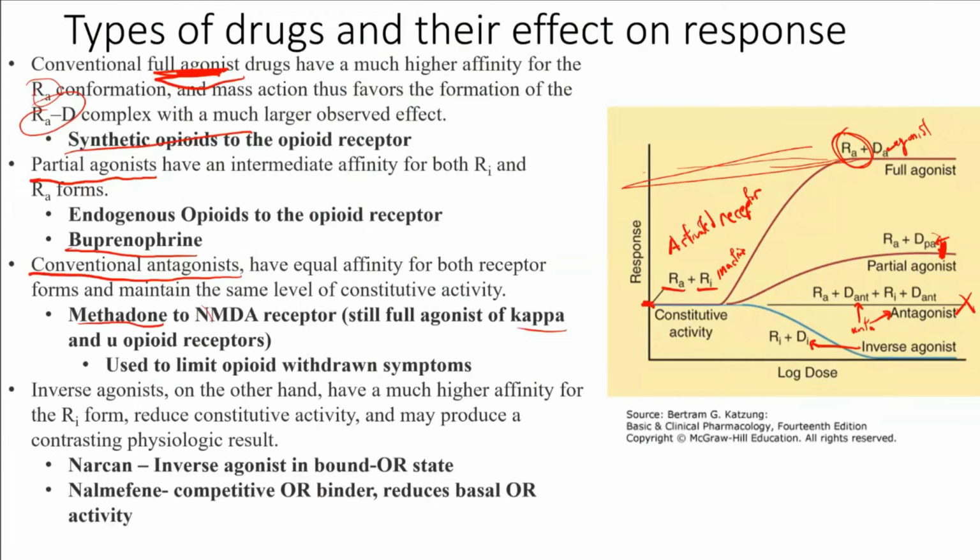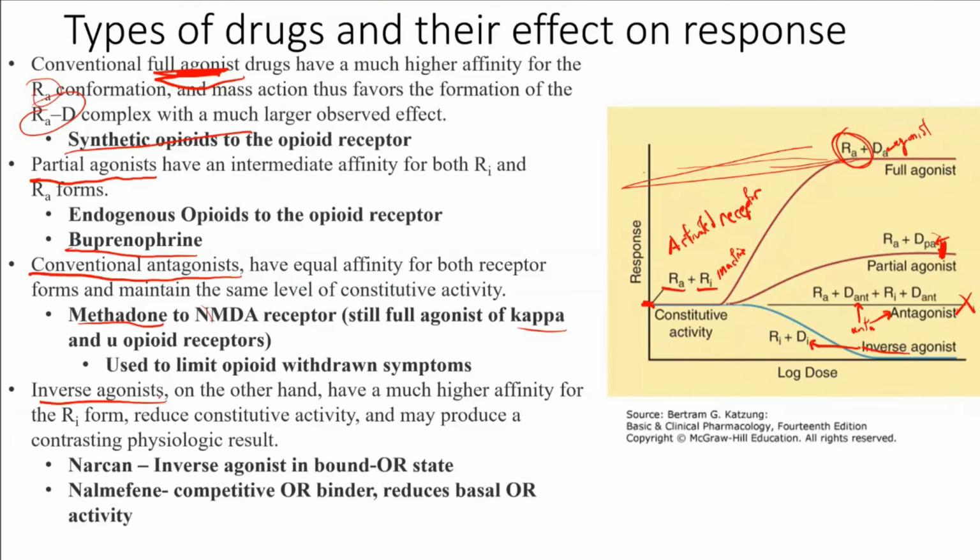Okay. Next, we have inverse agonists. They can bind competitively to the active site, but they're basically a stronger antagonist. But it depends what the system is. It's only an inverse agonist if it causes the opposite biological response.